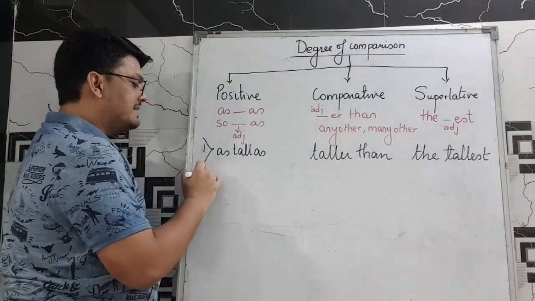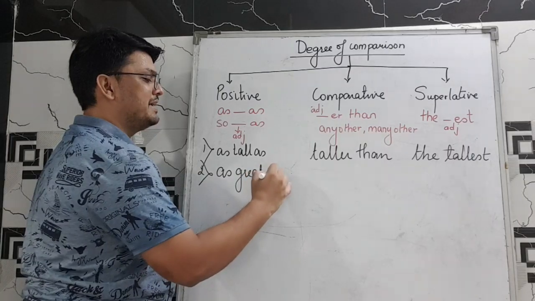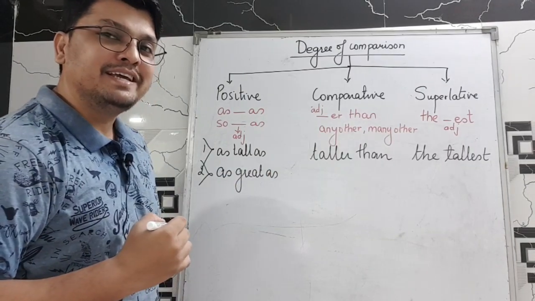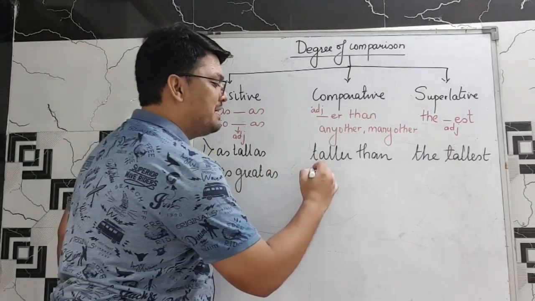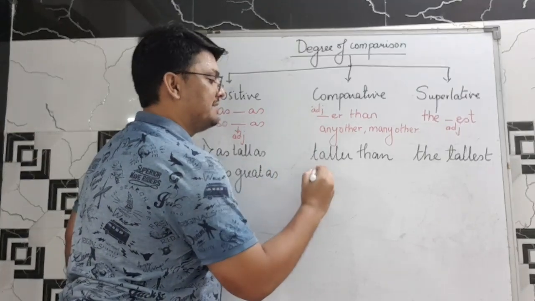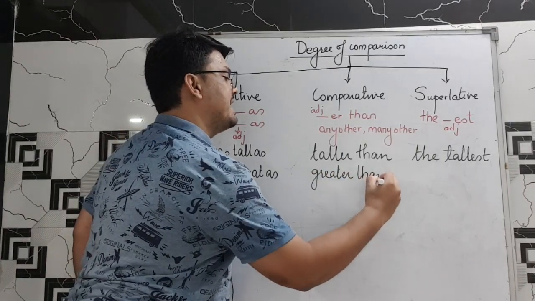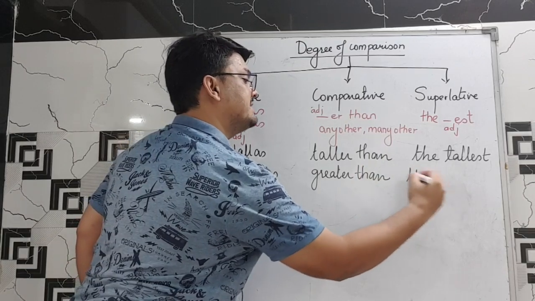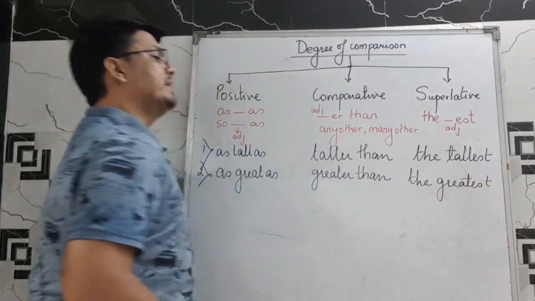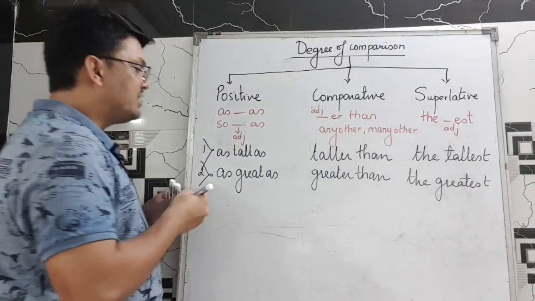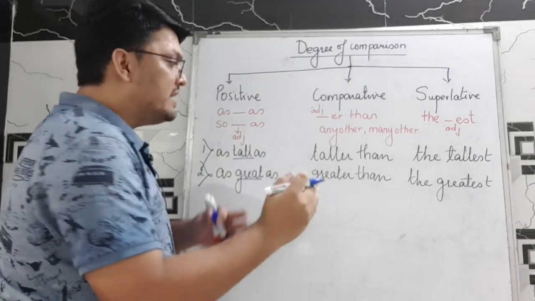Let's go with the second example. As great as. So as great as is a positive degree. So in comparative degree, student, it will become greater than. And here it will become the greatest. So you can see, student, how I changed my adjectives tall and great, how from positive it changed into comparative.